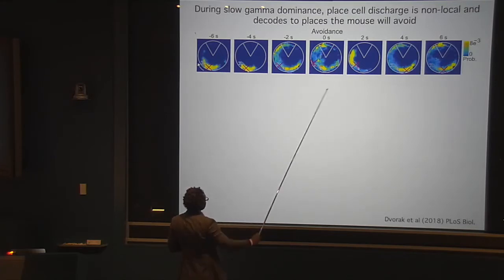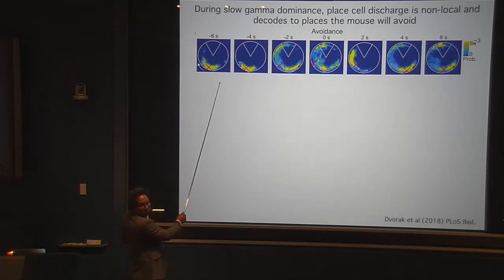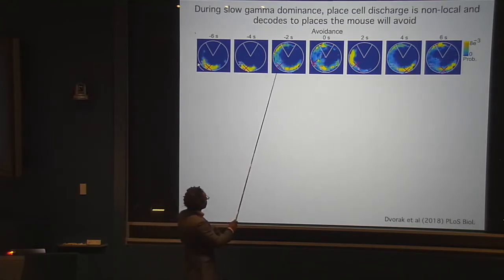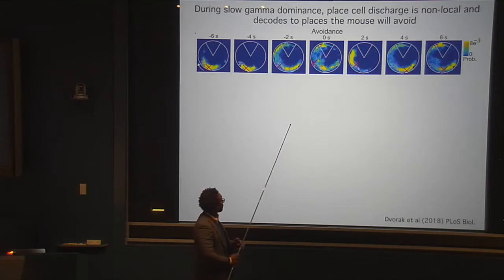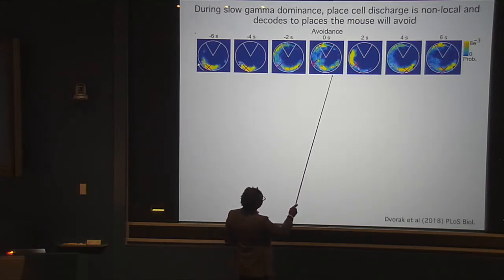The arena is rotating in a clockwise direction. 6 seconds before, we're decoding local to where the animal is. 4 seconds before, decoding local to where he is. 2 seconds before, the decoding starts to point not to where the animal is, but where he's actually not going to go, as well as where he is going to end up. At time 0, the animal is going to turn and walk away and come over here.